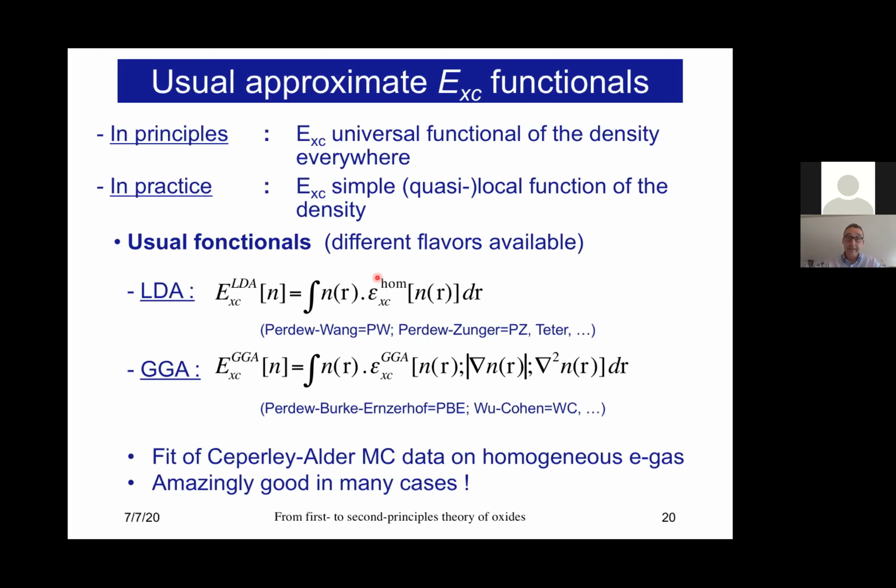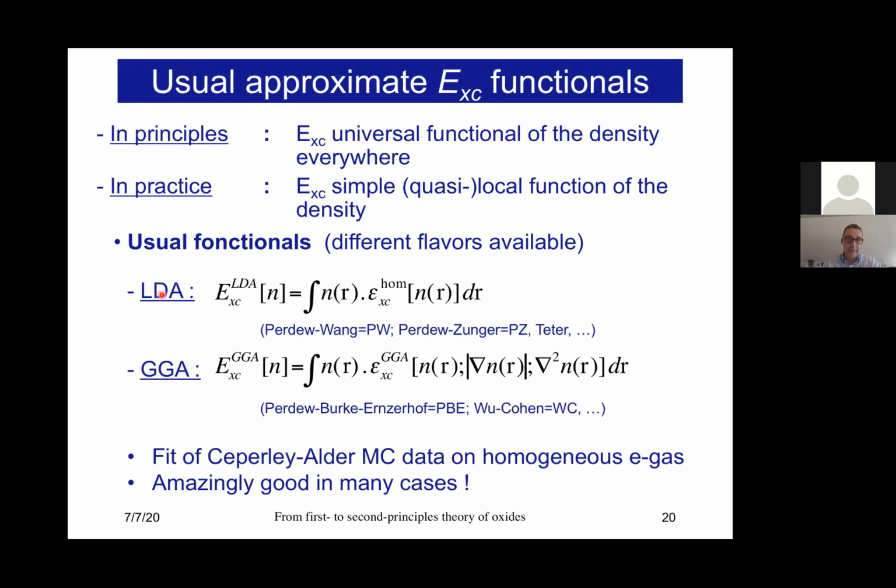And so basically the different flavors of the local density approximation that you can find are different fits of the same Monte Carlo data of Ceperley and Alder. Okay, so having something that only depends on the density locally might be a very strong approximation. It's amazingly good in many cases, but people were thinking, okay, we should try to do something better.